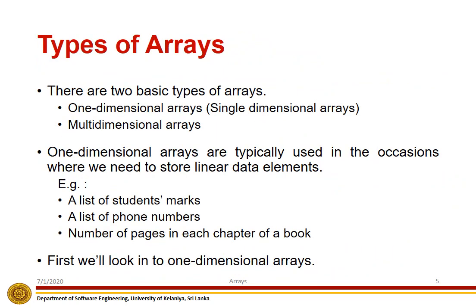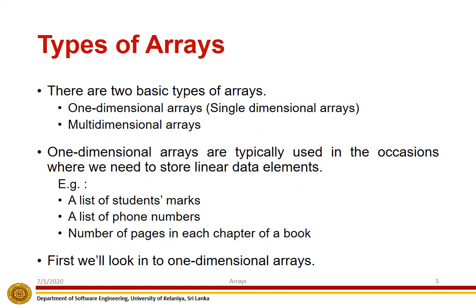There are two basic types of arrays. One is one-dimensional arrays, or we can say single-dimensional arrays, and the other one is multi-dimensional arrays. A one-dimensional array is like a list, and the most common one in the multi-dimensional arrays, the two-dimensional array, is like a table.